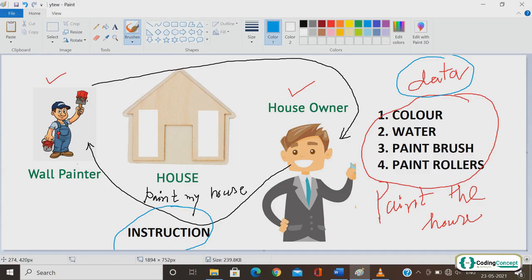Obviously not. So whenever the house owner will give the instruction to the wall painter and then wall painter will demand some data like color, water, paint brush, paint roller, then only the wall painter will be able to perform the task and he will be able to paint the house, like suppose with blue color, this one with blue color, isn't it?